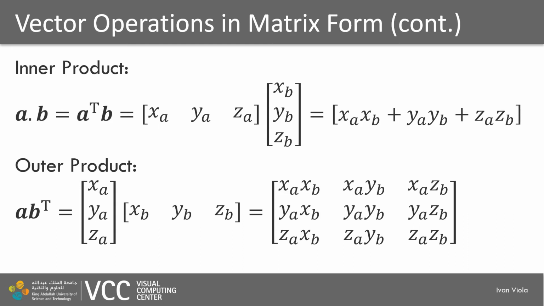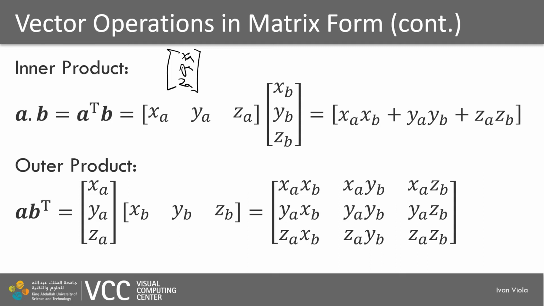It can be represented in terms of vectors as a multiplication of two vectors, where the first will be the transposed A vector. The A vector will look like this: xa, ya, za, but its transpose will be a row vector. And a row vector times a column vector will create this scalar product.